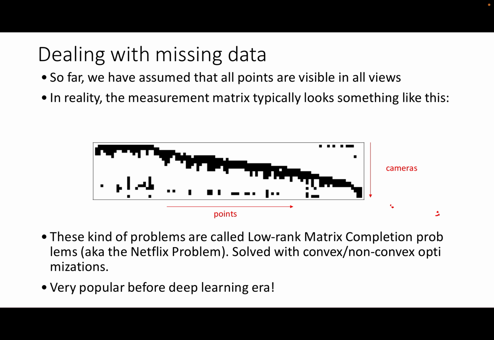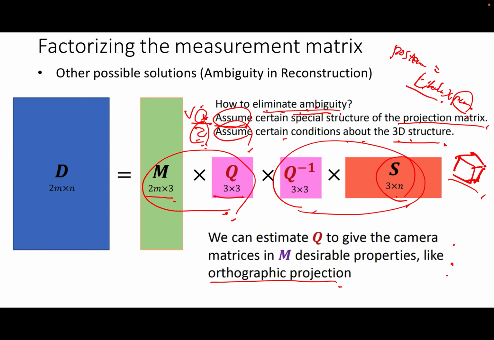So, summarizing affine SfM. Based on this mathematical decomposition, we have ambiguity. This kind of Q, affine projection matrix, Q can make multiple solutions.